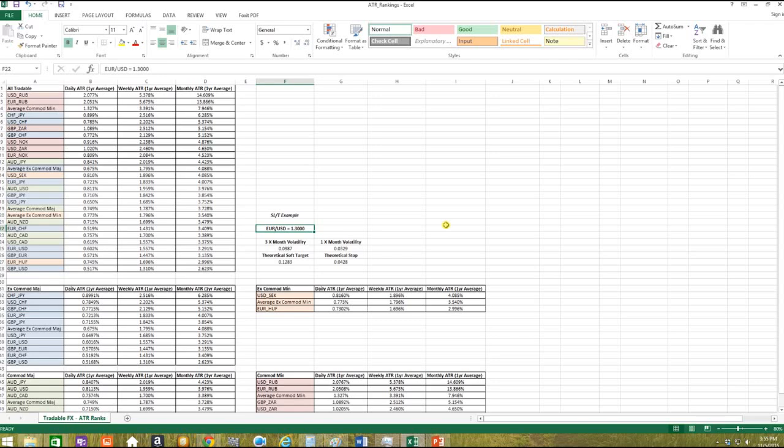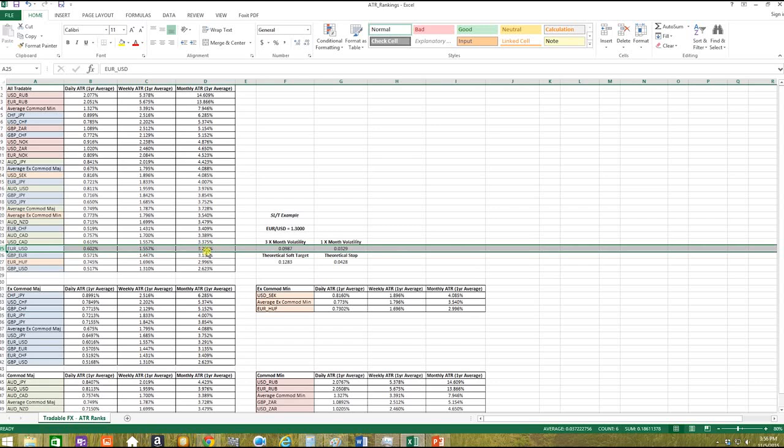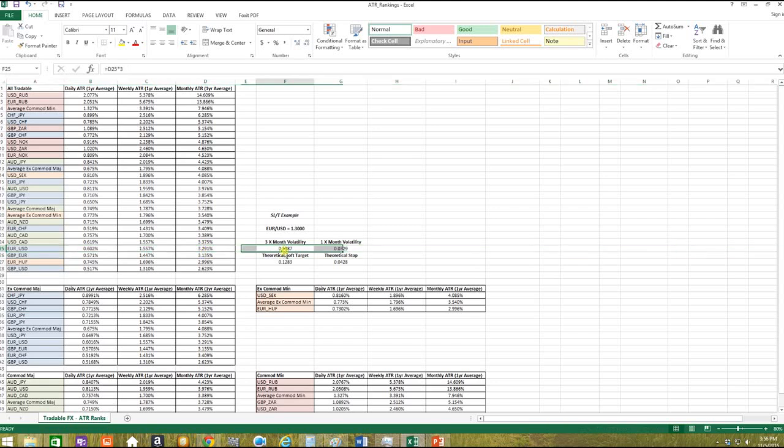then we're going to assess on our time frame 1 and 3 month volatility and look at our theoretical soft target and our theoretical stop. So we're going to be referencing the cell here, D25. Now, if we go to this cell here, F25, all we have to do is multiply across by 3 to get our 3 month volatility using our 1 month volatility.